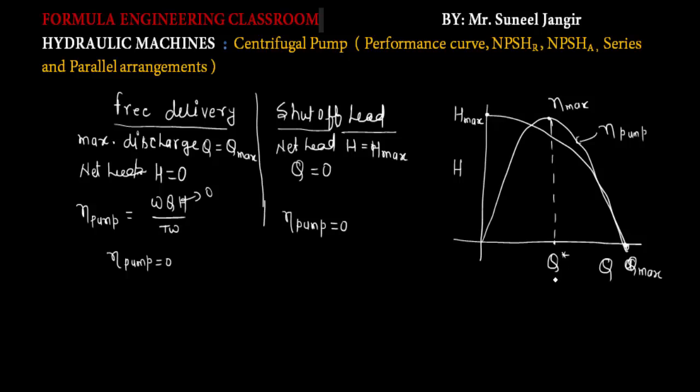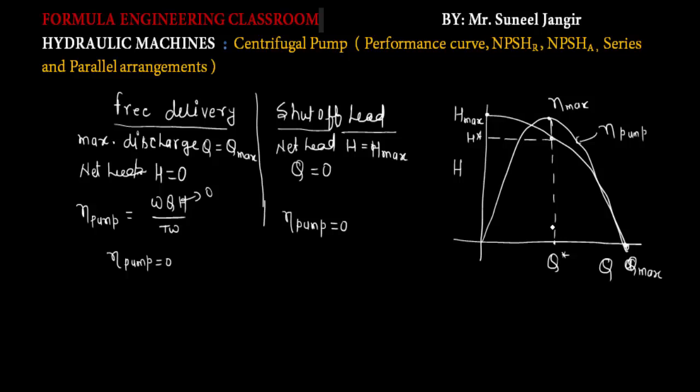Q star is the discharge available at the maximum efficiency, and this same line is cutting this curve, so this point we are defining as H star. So these H star and Q star are the operating points at the maximum efficiency, and they are defined as the best efficiency point.